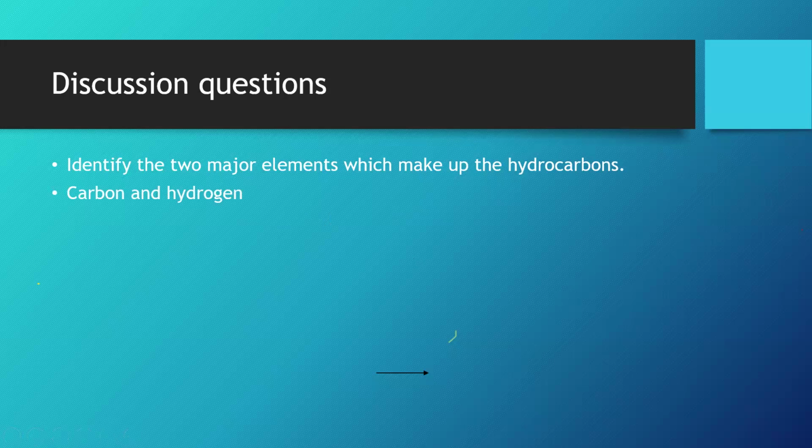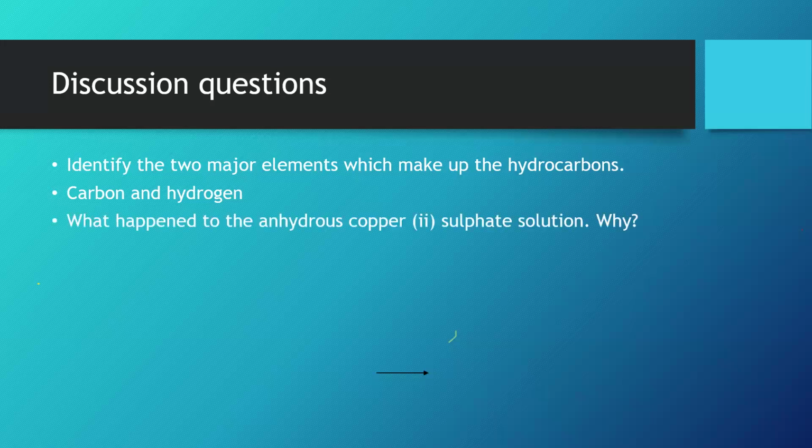Okay, so there are two major elements that make up a hydrocarbon. We have carbon and hydrogen. So it's important to take note of that. And then what happened to the anhydrous copper 2 sulfate solution and why? Who can tell us what happened and why? Yes, Favor?